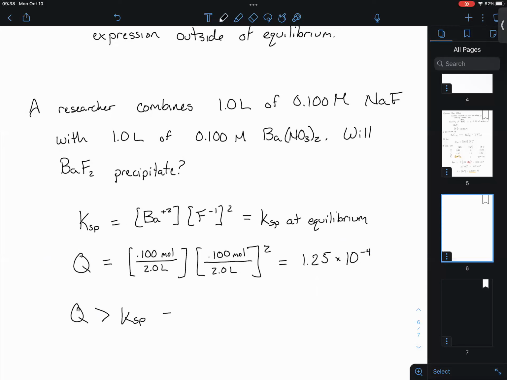What this means is that if Q is greater than Ksp, those concentrations are too high. They're not as low as they would be for our equilibrium value. So if Q is greater than Ksp, we will see precipitation. In this case, yes, I will see precipitation of my barium fluoride because those concentration values are too big. Q is greater than Ksp.